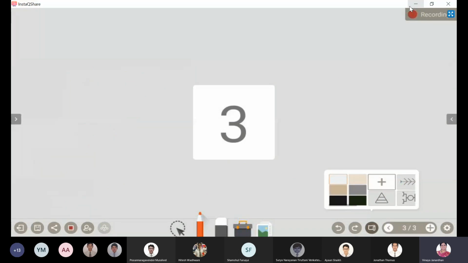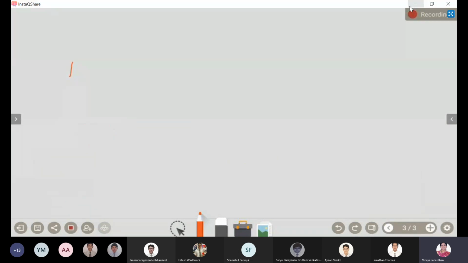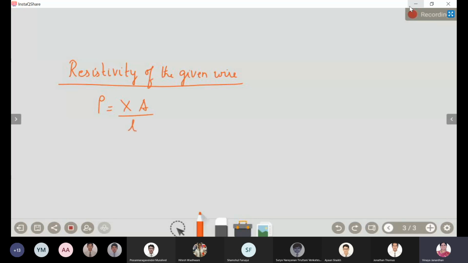Next subheading: resistivity of the given wire. So what is resistivity, boys? Resistivity is equal to the resistance of the wire times the area of cross section divided by length.